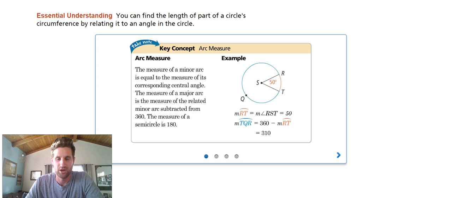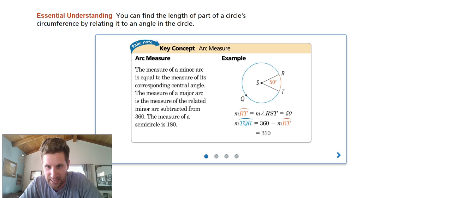Okay, let's take a look at our first little note. Please write down this box, and it's arc measure. How can we find an arc's measure? Well, the measure of a minor arc is equal to the measure of its corresponding central angle. So if we know the central angle, it's going to be congruent to the arc. And the measure of a major arc is related to the minor arc by 360.